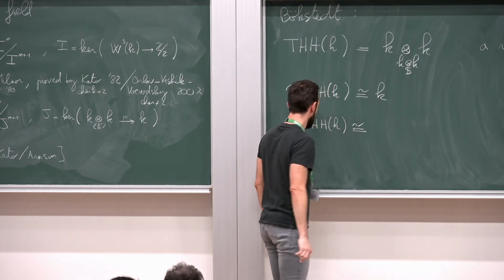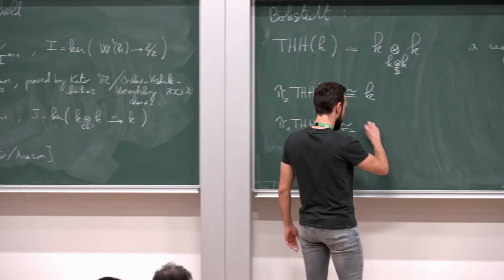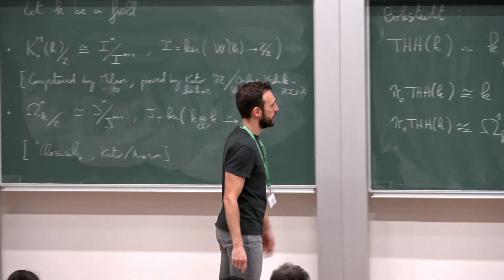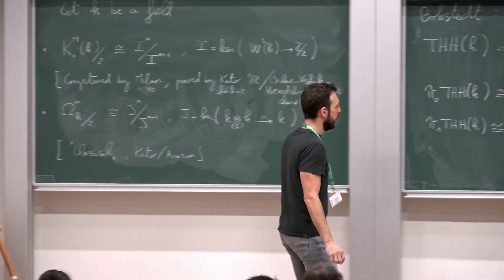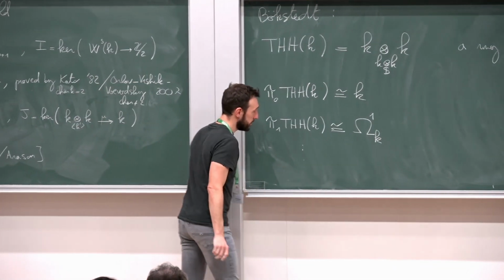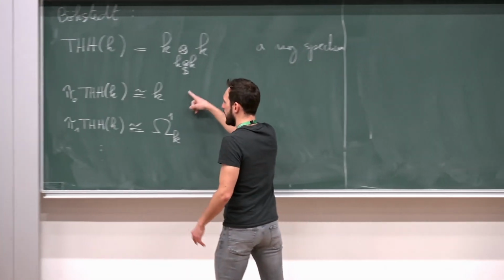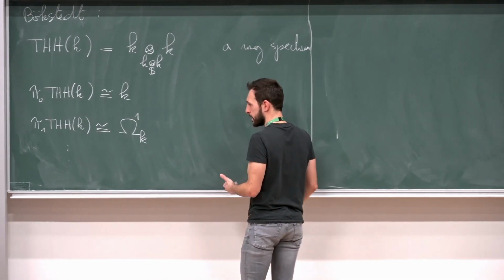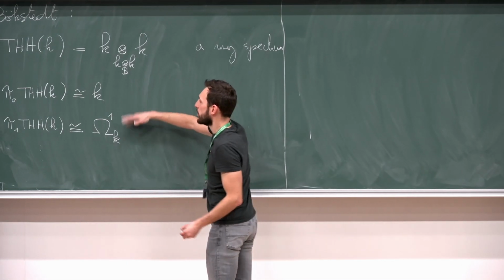If you do this in degree 1, you find the Kähler differentials of K over the sphere. And then maybe you can do a couple more degrees. But this already gives an indication of how we could construct something free out of this.